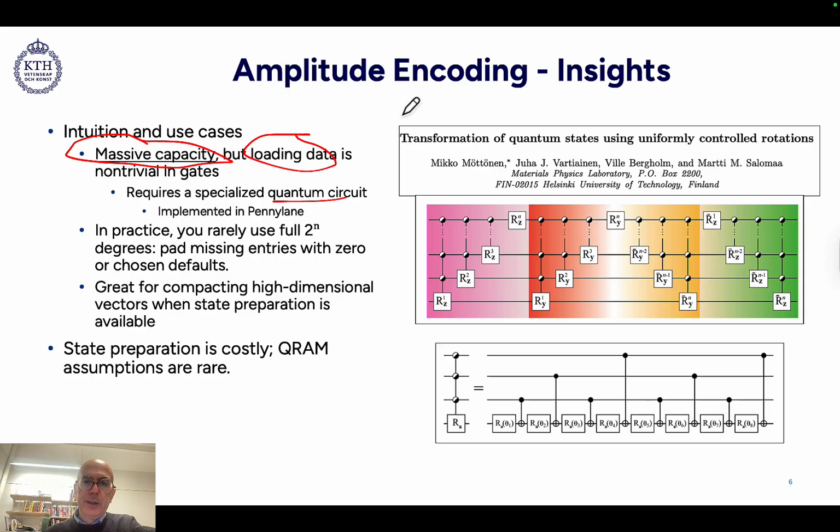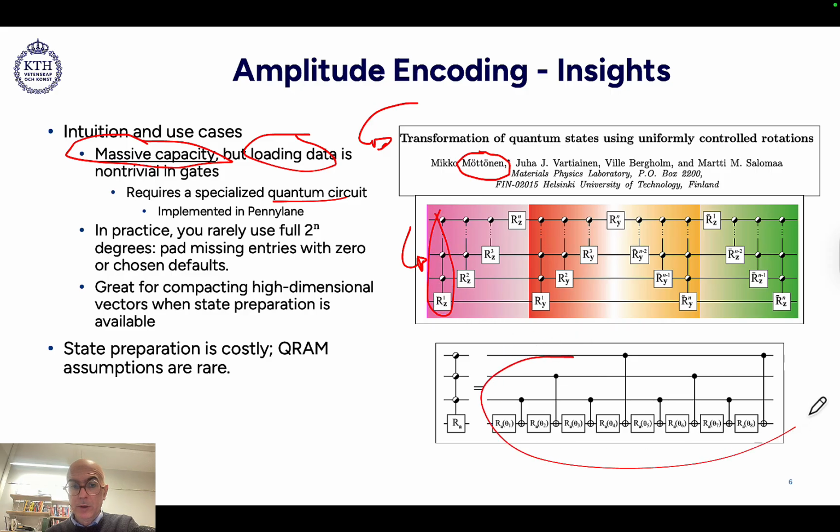There is a very important paper describing the basic technique to encode amplitudes, which goes under the name also of the first author of this paper, Mottonen. This transformation of the feature map is nothing else than amplitude encoding, and you see here a diagram of how to implement this basic primitive decomposed in a quantum circuit.